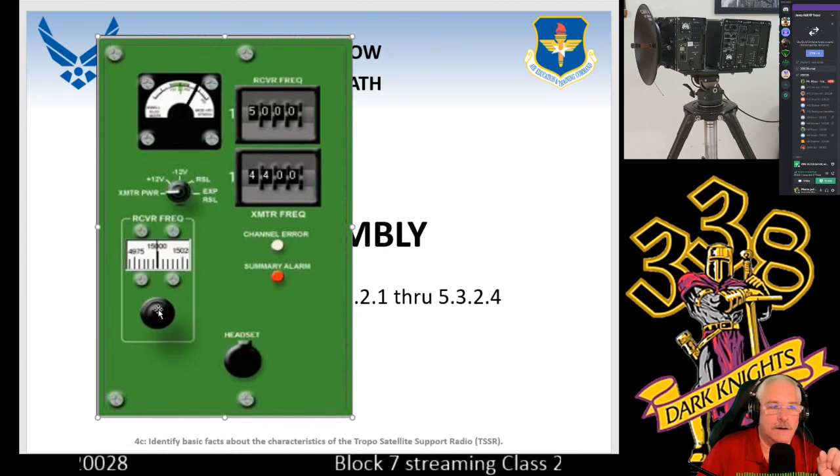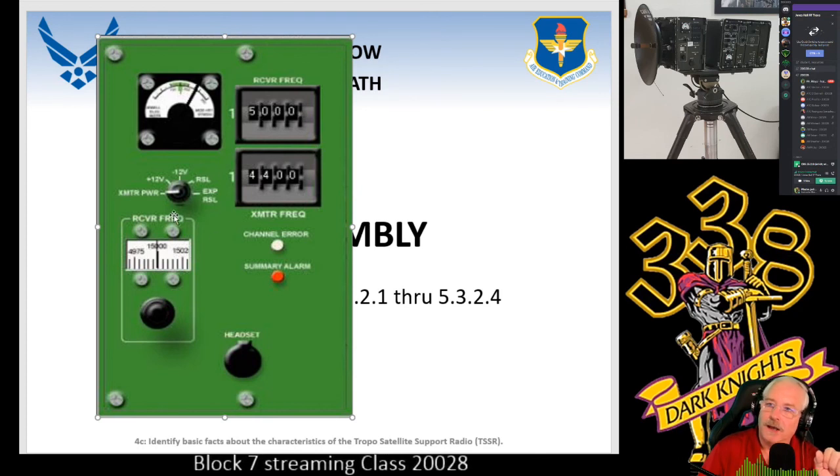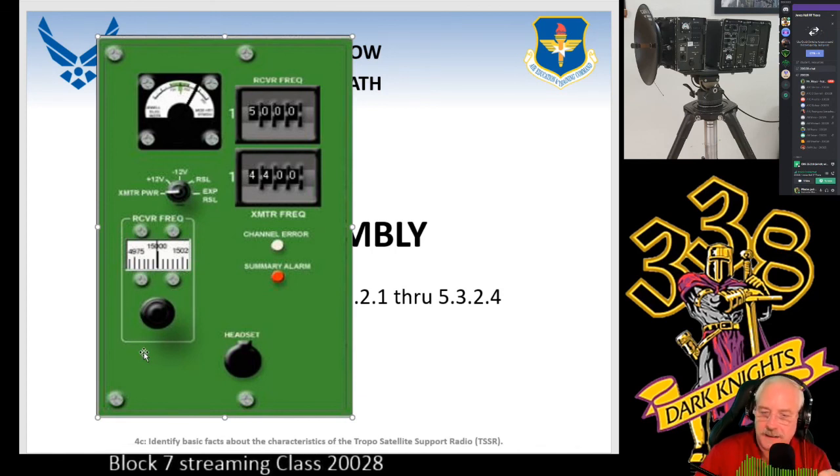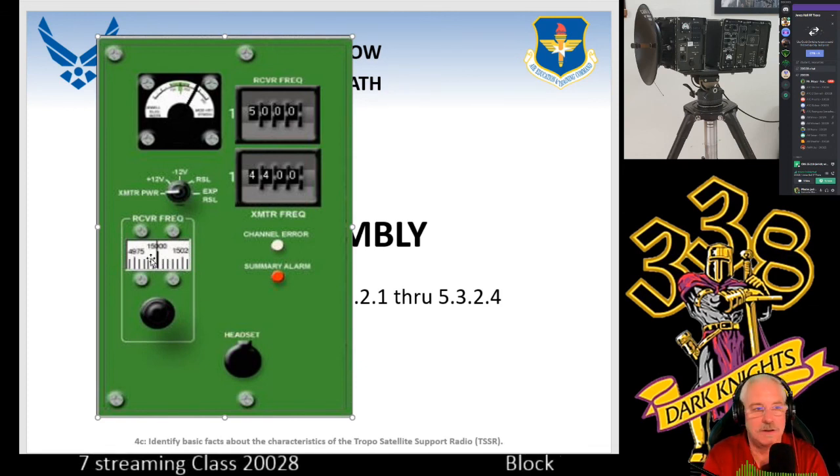Right here, left-hand side where that knob is, you'll see receiver frequency. When people put in their receive frequency on the thumb wheels, they forget about putting the frequency on the dial here. When they talk about a tape, they're talking about a very old style way of changing frequencies.